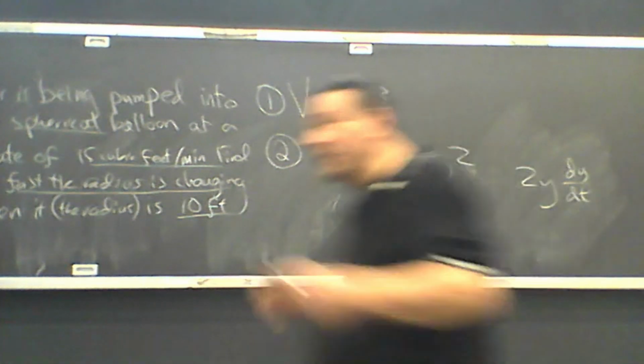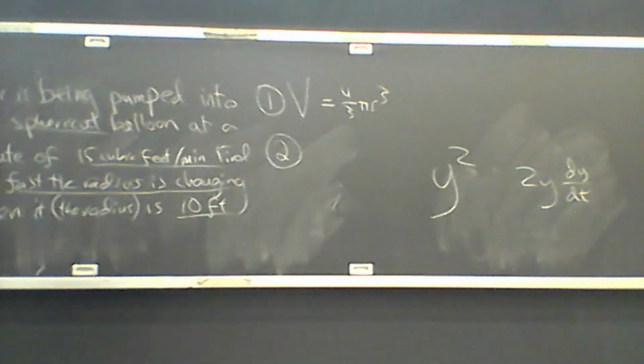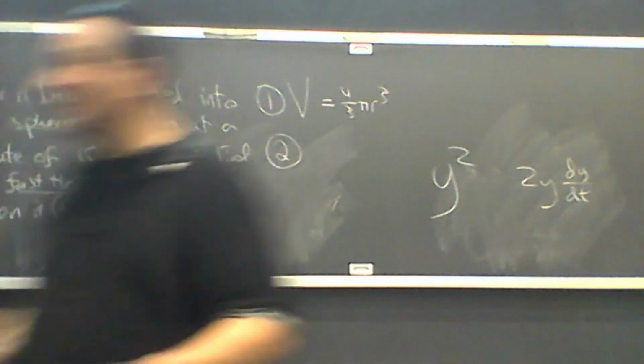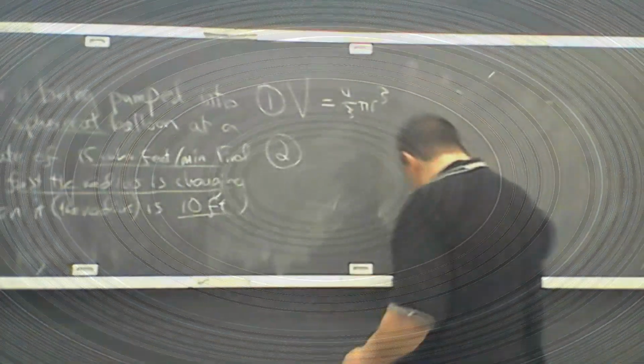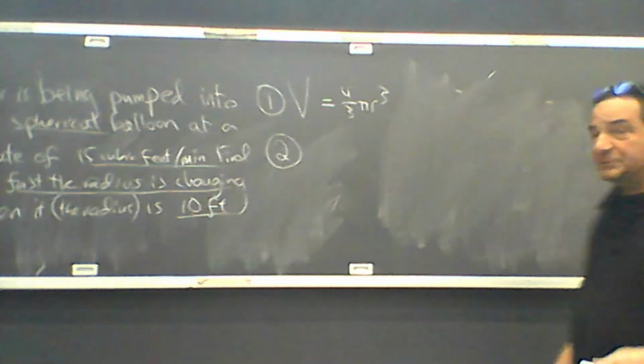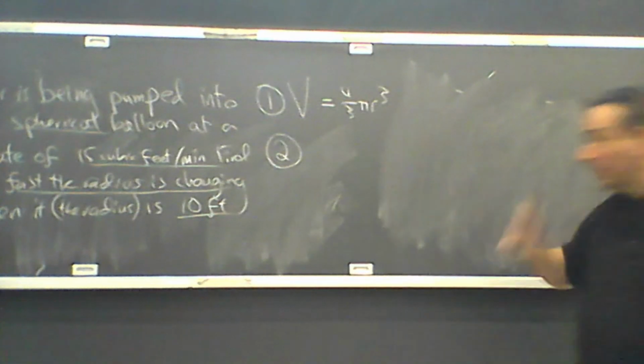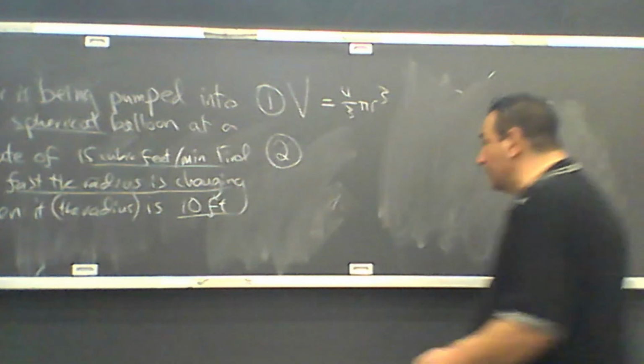Because time is the ultimate variable. Wow, that sounds philosophical, right? Time is the ultimate variable. All right, so let's take the derivative with respect to time. All right, and I'll illustrate some of the things I was talking about.